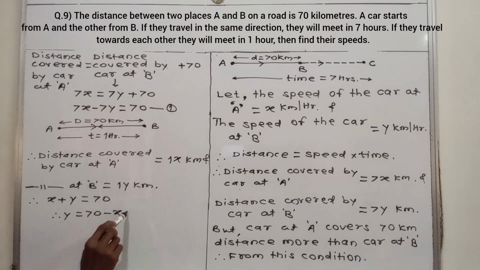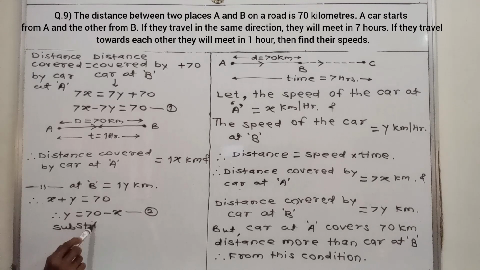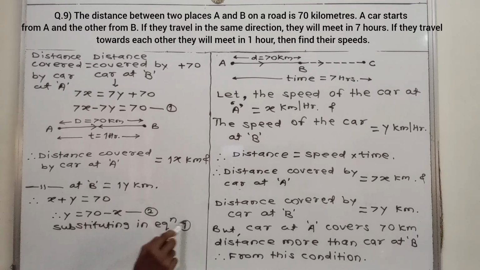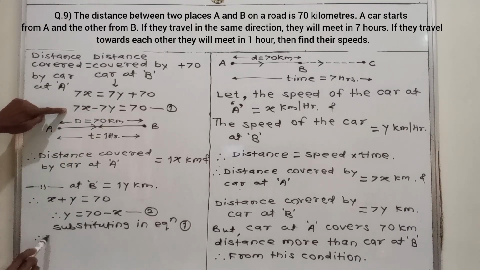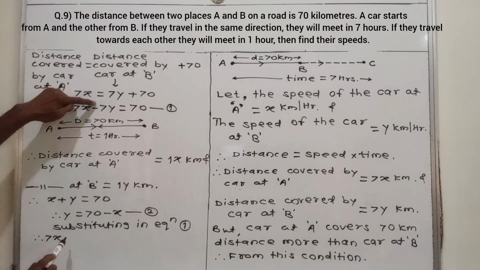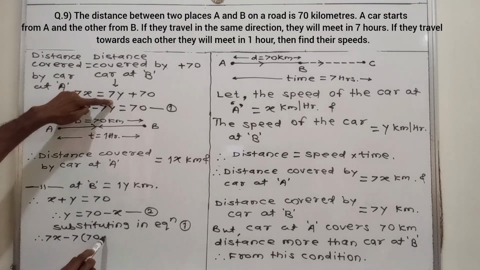Becomes minus. This is equation number 2. Substituting in equation 1, we substitute the value of y here. Therefore, 7x minus 7 into the value of y, 70 minus x.